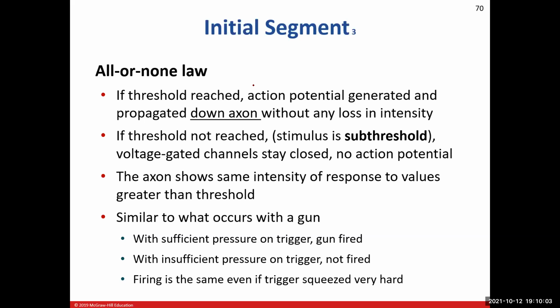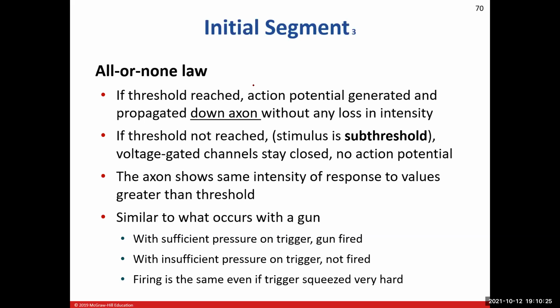So once we reach that threshold value, once we reach that negative 55 millivolts and our voltage gated channels open up and we start to generate that action potential, here's the nice thing. Once that occurs and the action potential is begun, you can't stop it.